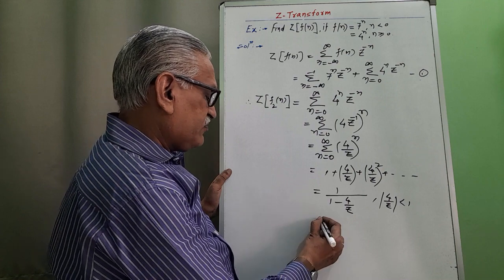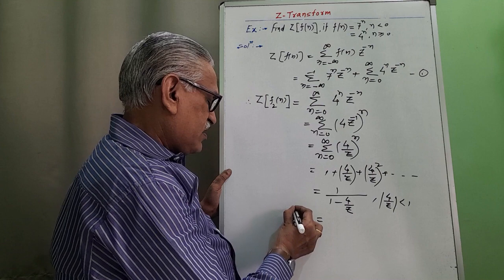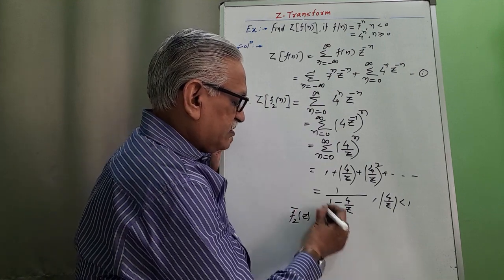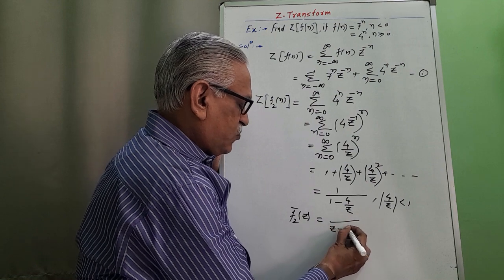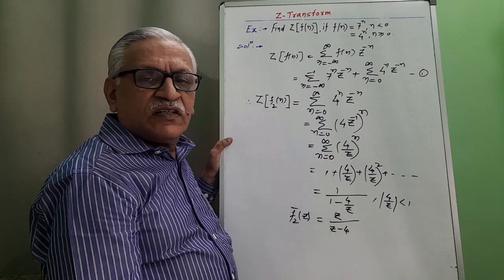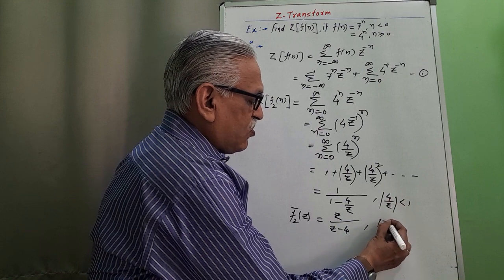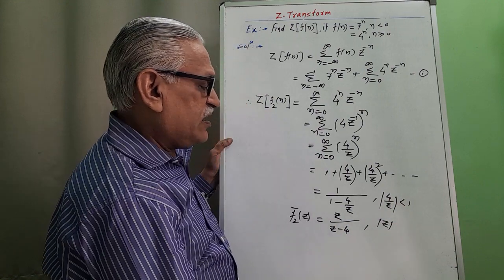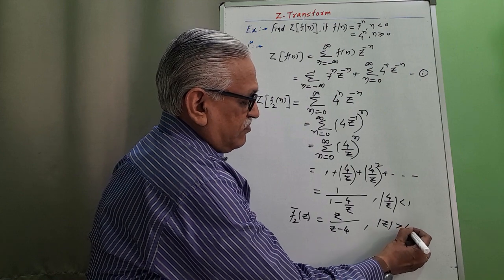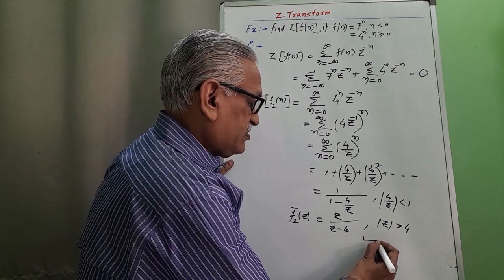Cross multiplying it, we get Z transform f2 bar z, z minus 4 whole divided by z, z goes to the numerator, therefore it is z upon z minus 4, and the condition is mod z greater than 4. Equation number 3.